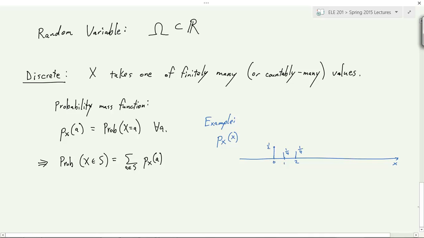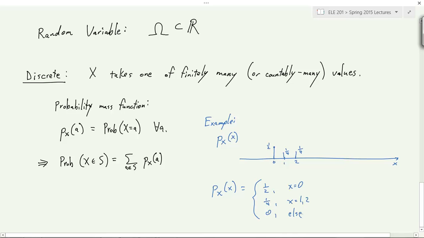Actually, maybe it would have been better if I had first written out a formula for it. So here is precisely the definition of this function. It's a half when x equals 0. It's a quarter when x equals 1 or 2, and it's 0 otherwise. Okay, so here's a probability mass function.